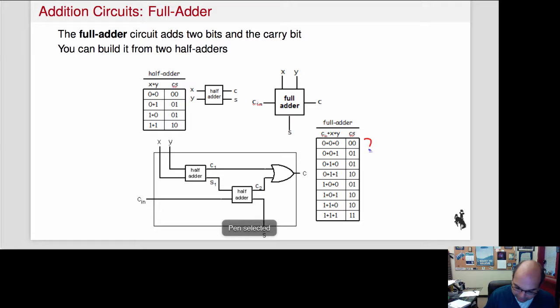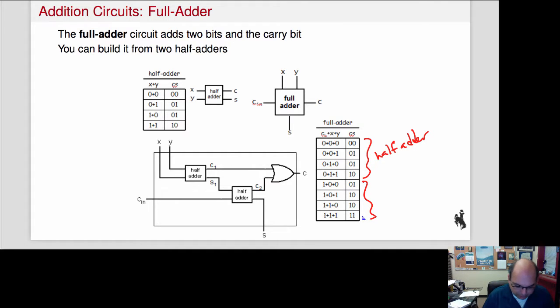So right here, this is just the output of a half adder. Otherwise, I want to add 1 to that, and I have to be consistent with that. So 1 plus 0 plus 0, that's just a 1. Sum is 1, no carry. 1 plus 0 plus 1, sum is 0, and a carry bit of 1, and so on.